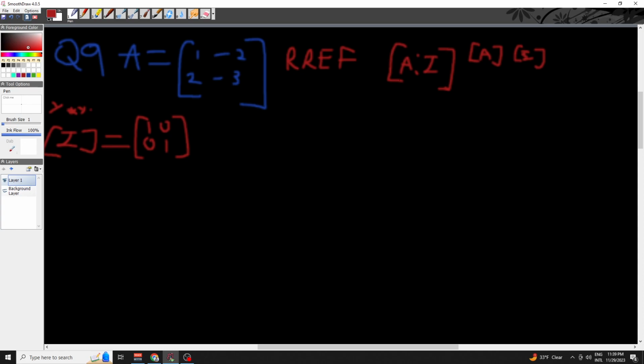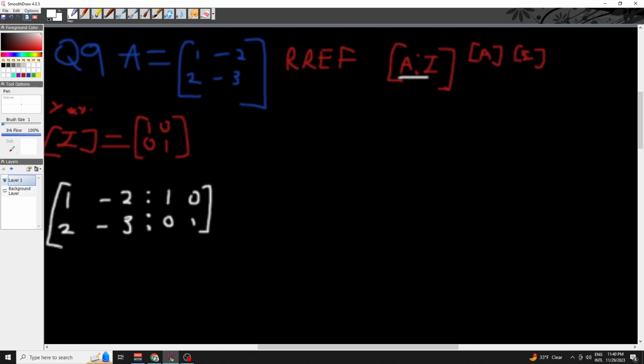So we're gonna combine these two up here into the augmented matrix. It says this on the paper, do an augmented matrix, and what that looks like is we're gonna take matrix A, 1, negative 2, 2, negative 3, add these little colon dots, and then the identity matrix.